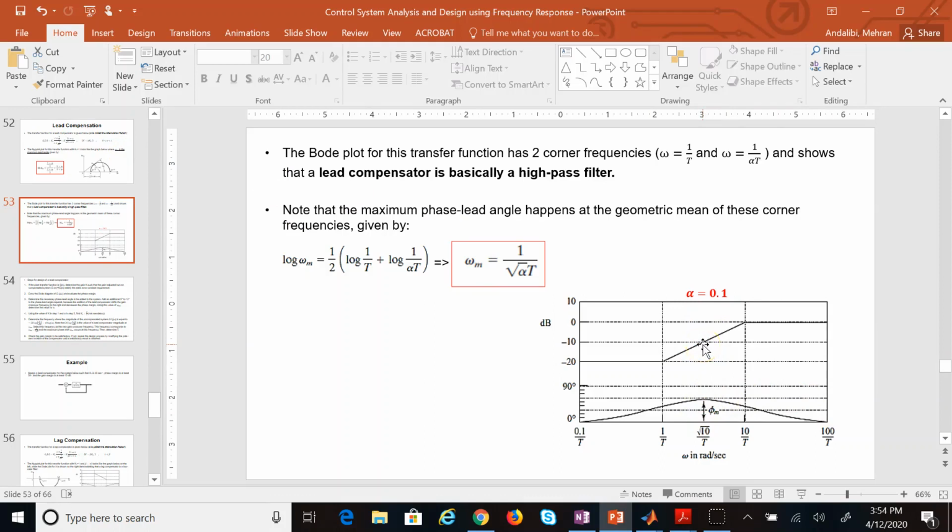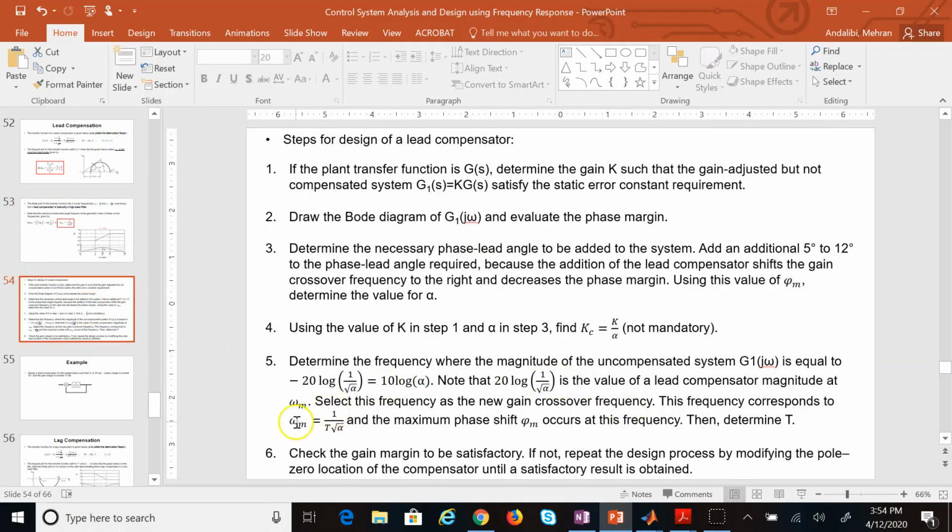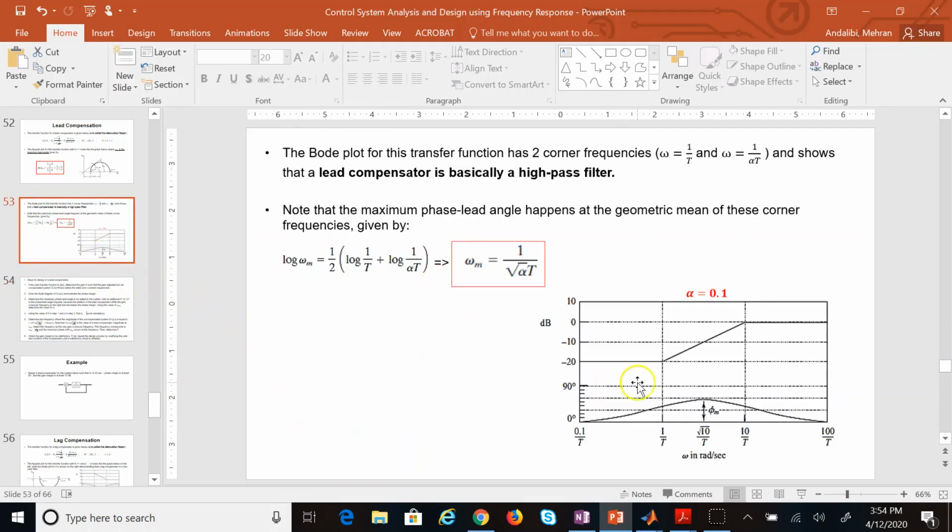That comes from the compensator. And then the magnitude of the original system itself is positive 10 decibel. If I add those together, then at that frequency I have a magnitude of what? 0, right? Negative 10 plus positive 10. So the question is, at this frequency omega m, how much is the magnitude of the compensator?